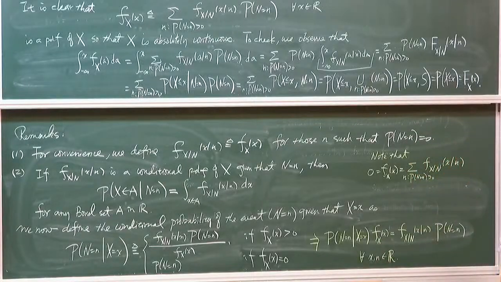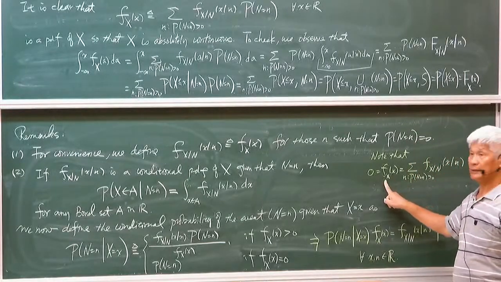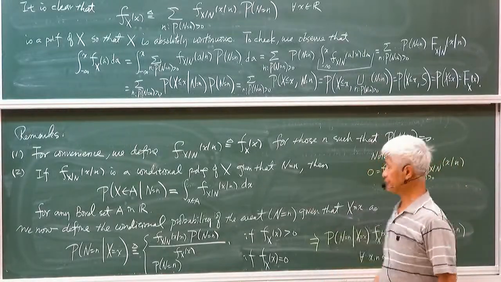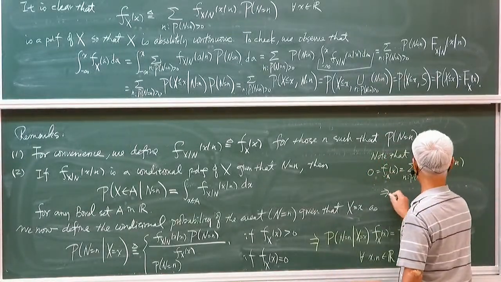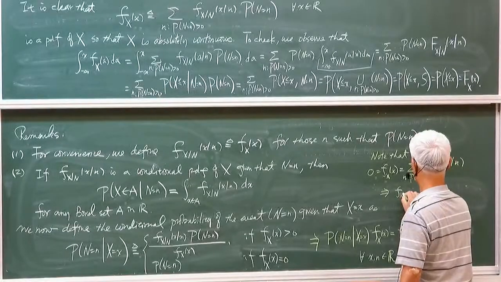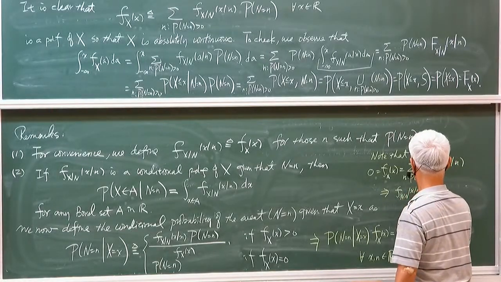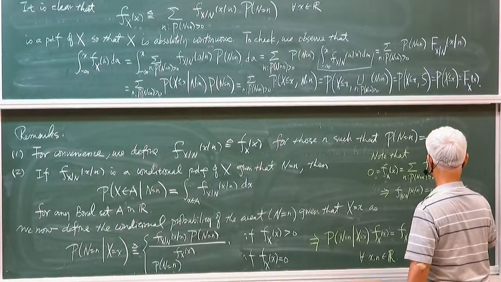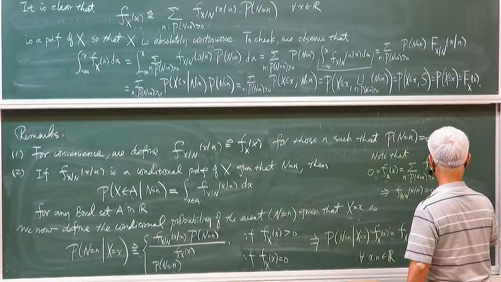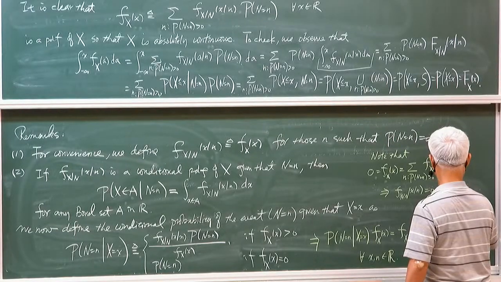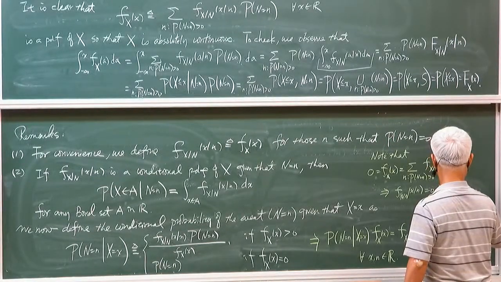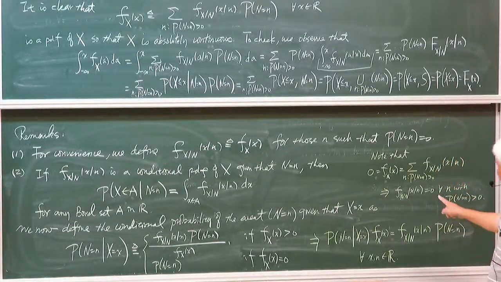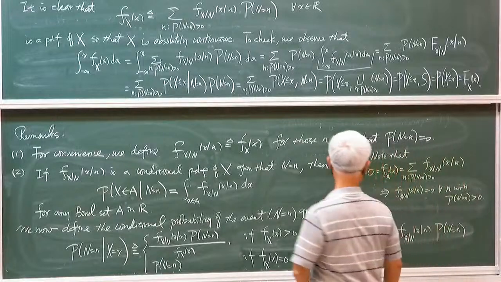By definition we know the PDF is the summation of all these conditional PDFs, and it's 0, so this implies that this is 0.